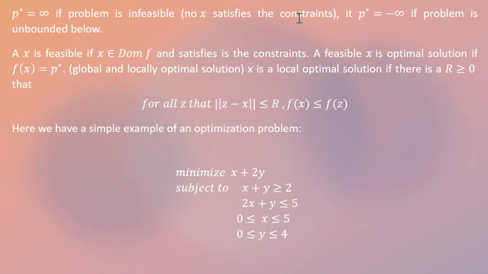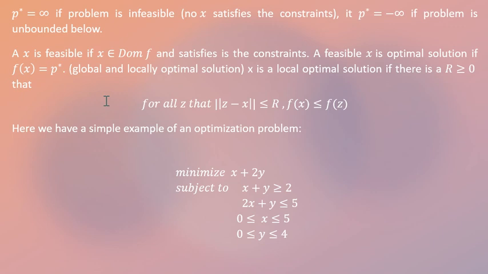And if p star is equal to minus infinity, it means that our problem is unbounded below, and for maximization it is vice versa.